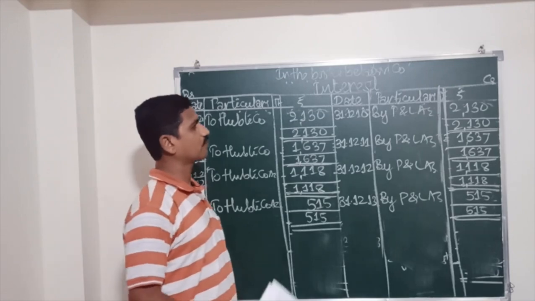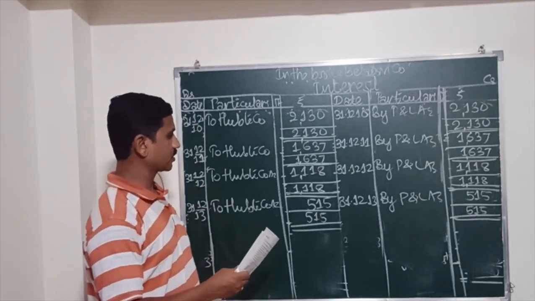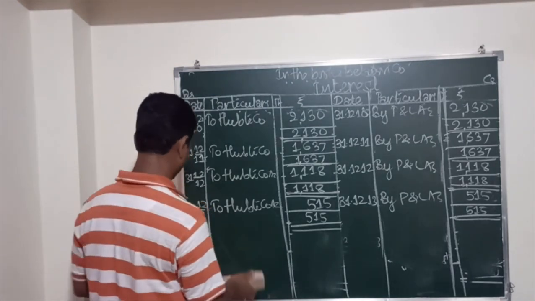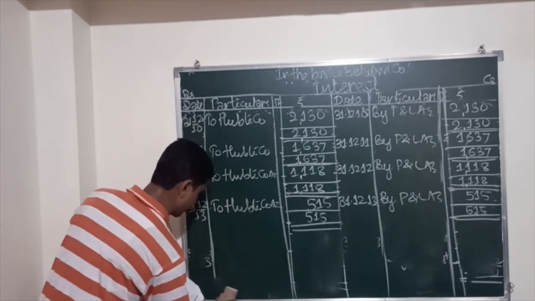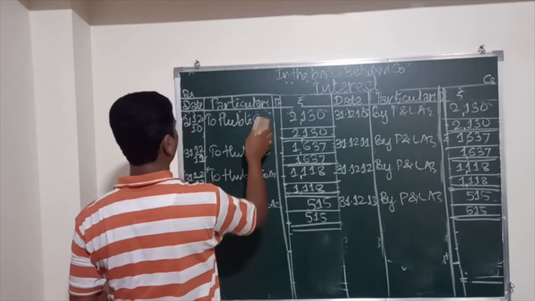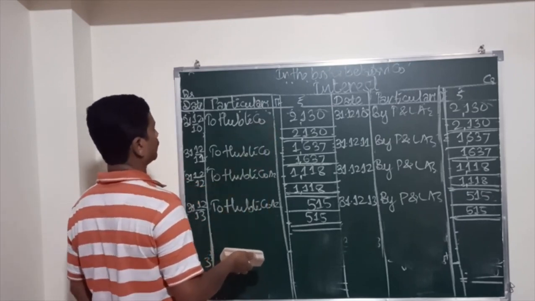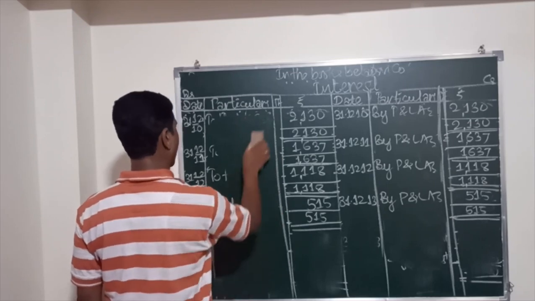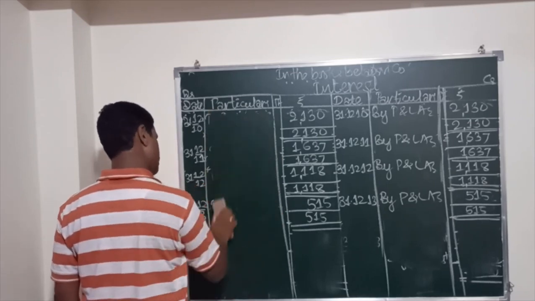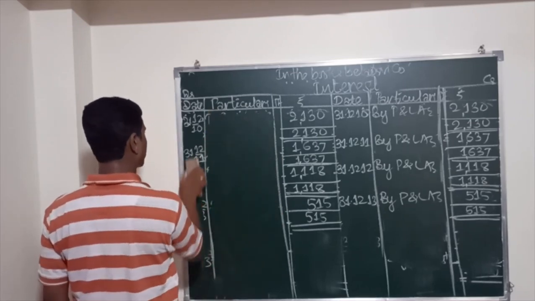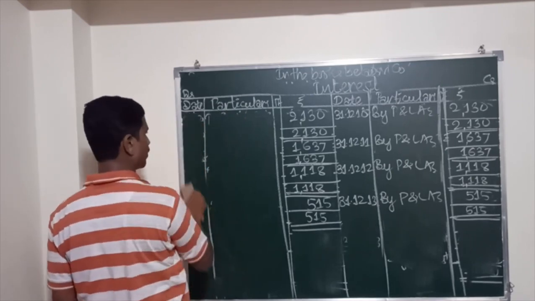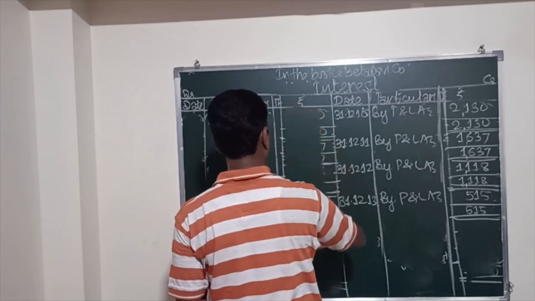Similarly, we should also prepare the depreciation here. So let us go for preparing a depreciation account. This depreciation and the interest both are expenses to the hire purchaser, so that's why it will be debited to his general P&L account here.